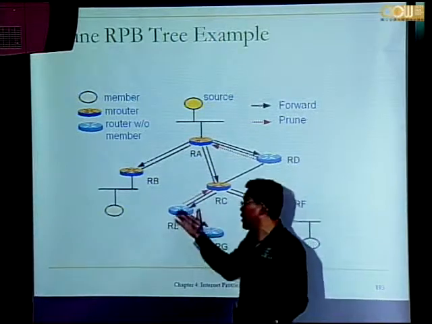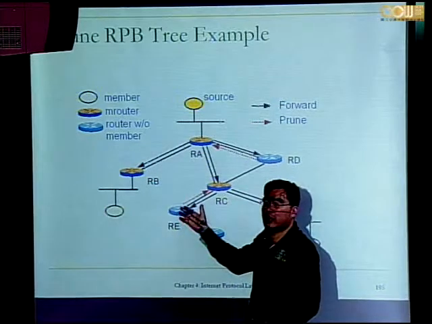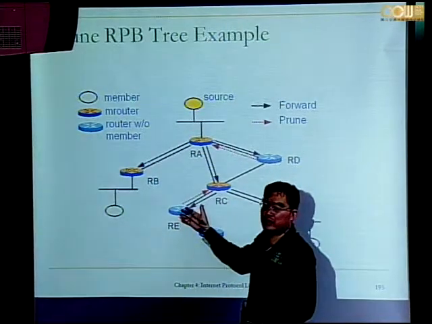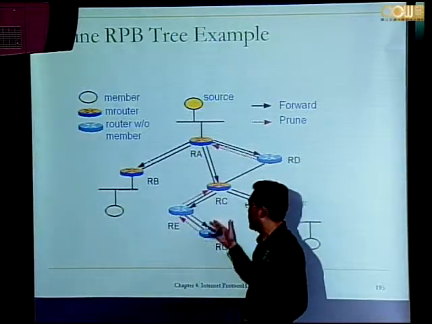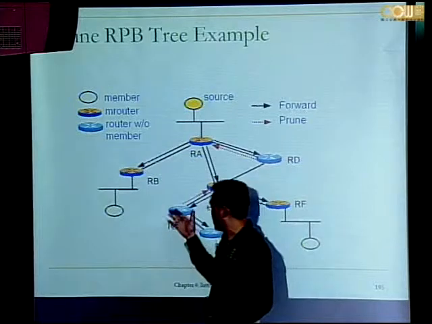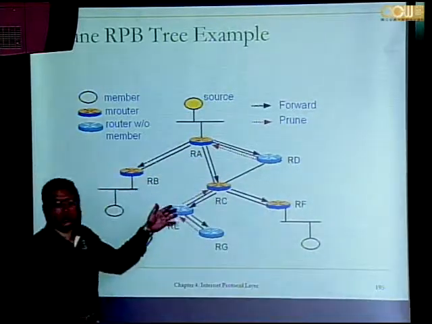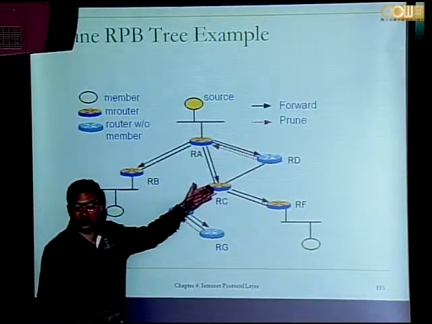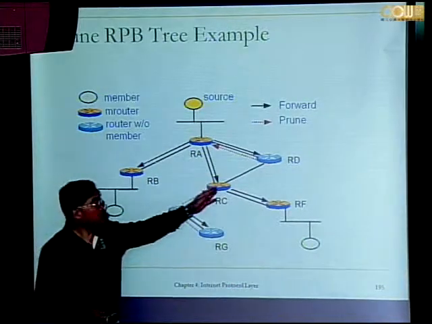So I will send a prune message telling it: don't send me more packets destined to this class D address. Don't send me more. And when this router receives this, it would forward it back to the upstream.